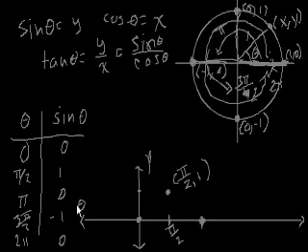So this is the point pi, comma 0. And when theta equaled 3 pi over 2, what was sine of theta? It equaled negative 1. Interesting. And then when we got to theta equal to 2 pi, sine of theta again equals 0. So we know that these points are on the graph of sine of theta.